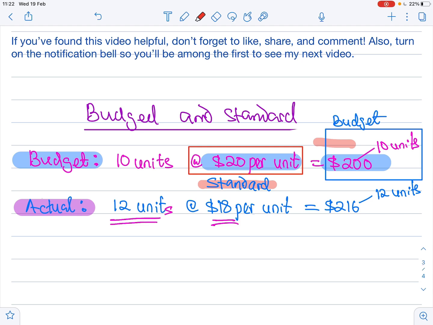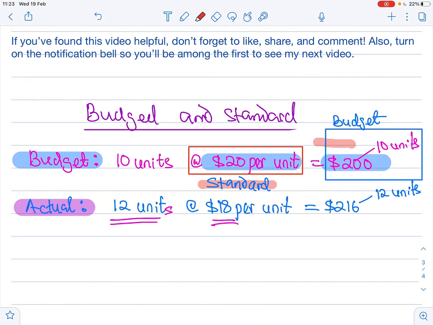However, the standard is $20 per unit, and you cannot find this $200 in the $20. So it is correct to say that you cannot find your budgeted information in your standard, the same way you cannot find $200 in $20. However, you can find your standard information in your budget. So you can find $20 in your budget of $200.